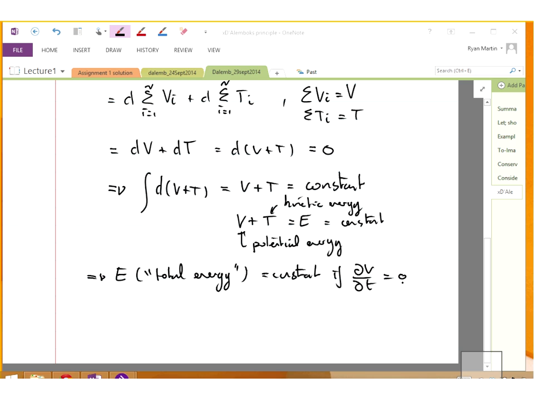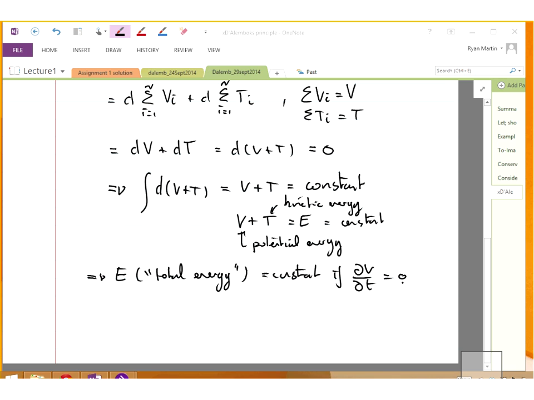As we go deeper into analytical mechanics, we'll have more abstract things that are conserved, but we'll find that in specific cases, where here V we could associate with the potential energy and T with kinetic energy, we recover our familiar undergraduate laws of physics, in this case namely that energy is conserved.